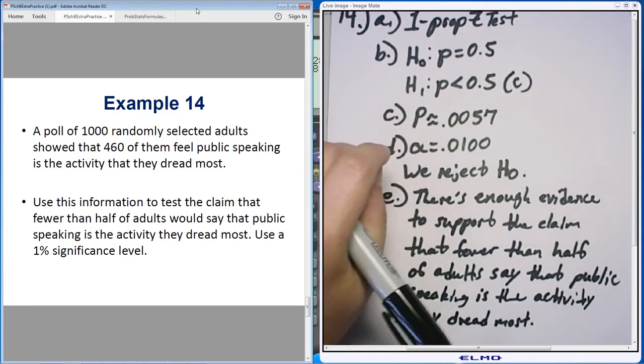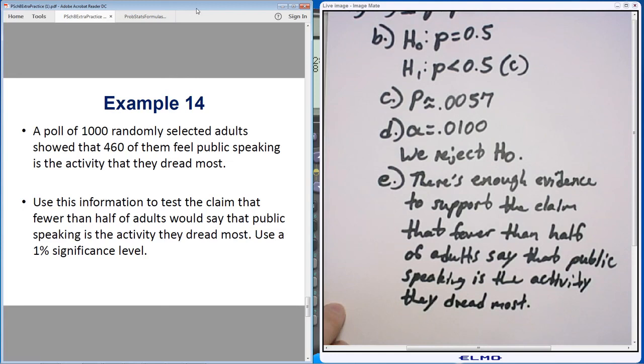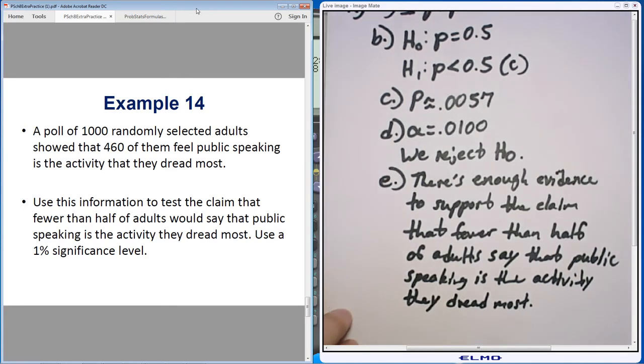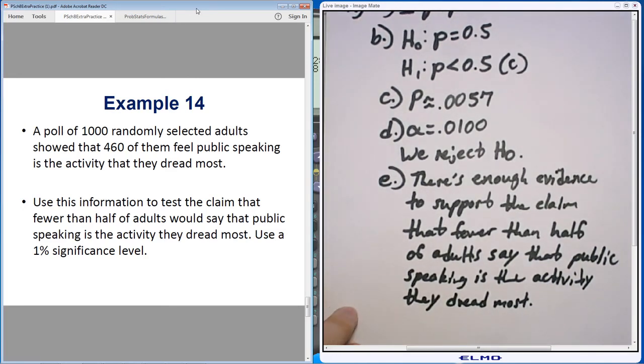There's the rest of it. There's enough evidence to support the claim that fewer than half of adults say that public speaking is the activity they dread most.